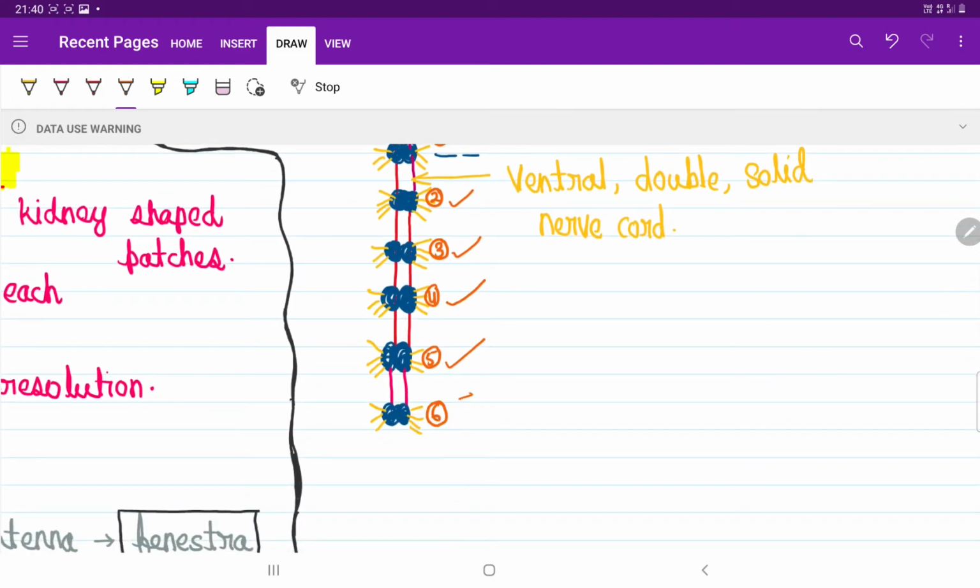But the sixth ganglion is present in the seventh segment. Remember it. That means in the sixth segment, a ganglion is not present. The last ganglion is present in the seventh segment.